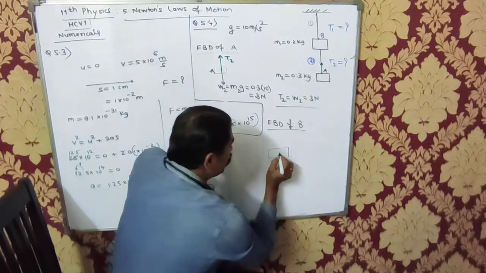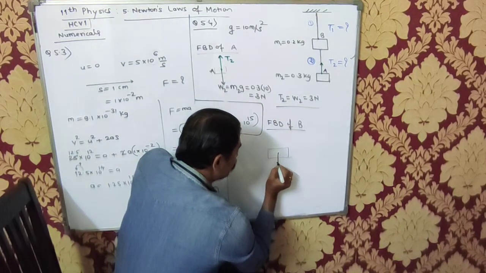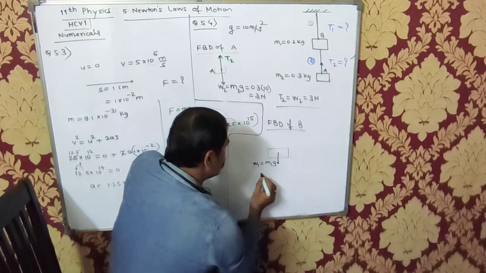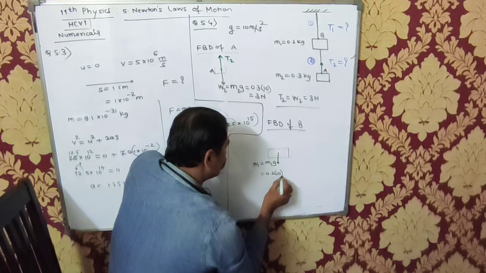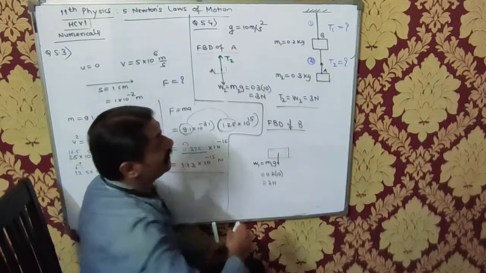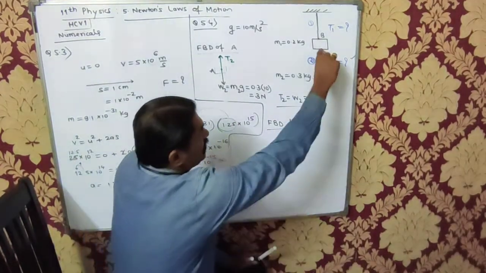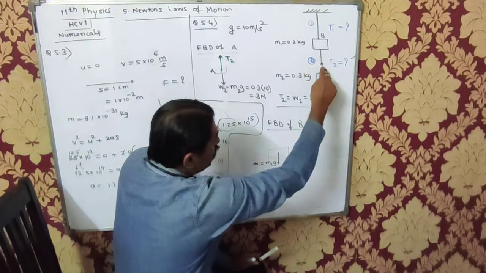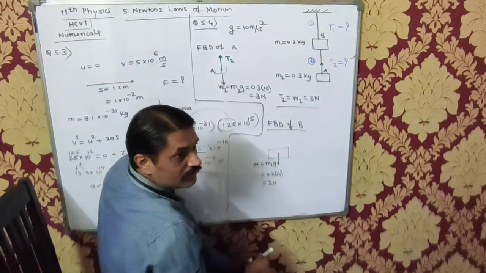So what will be here? First of all, there is the weight of this block, W1, which is m1 into g, which is 0.2 into 10, which is actually 2 Newton. Understood? Then the tension will always act away. What is this string trying to do? This string will pull this block down and pull this support up. Yes, that's what the string does.